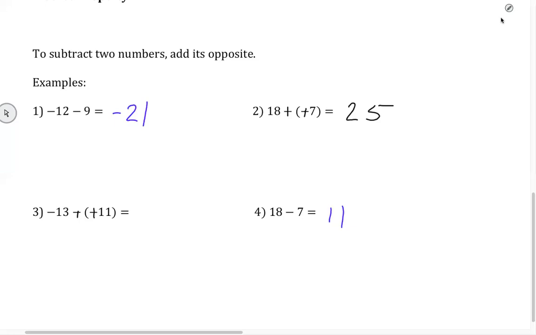Well, let's think about this, okay? If you borrowed $13 from me and then you paid me back 11, how much would you owe me? Would it be -2? Yeah, it would be negative 2. All right, so there we go. We got those problems done.